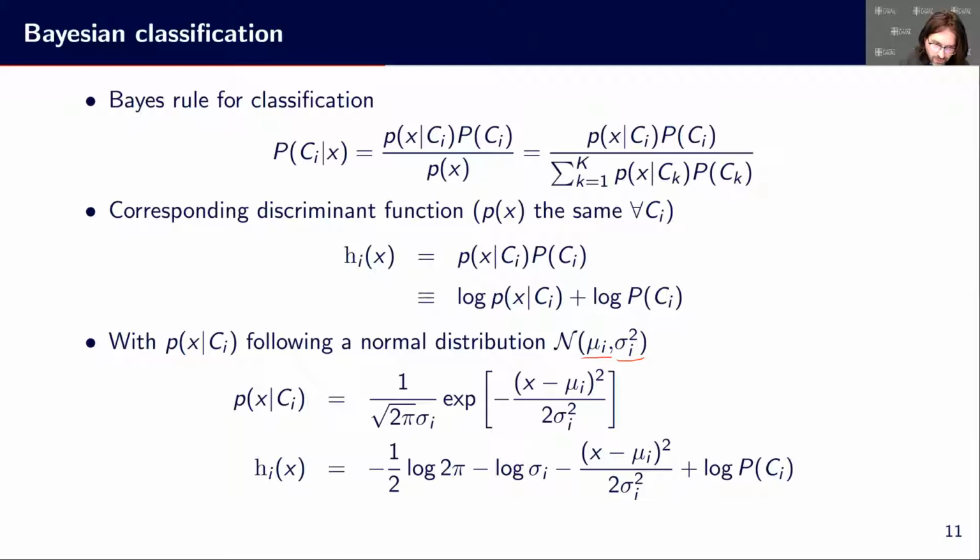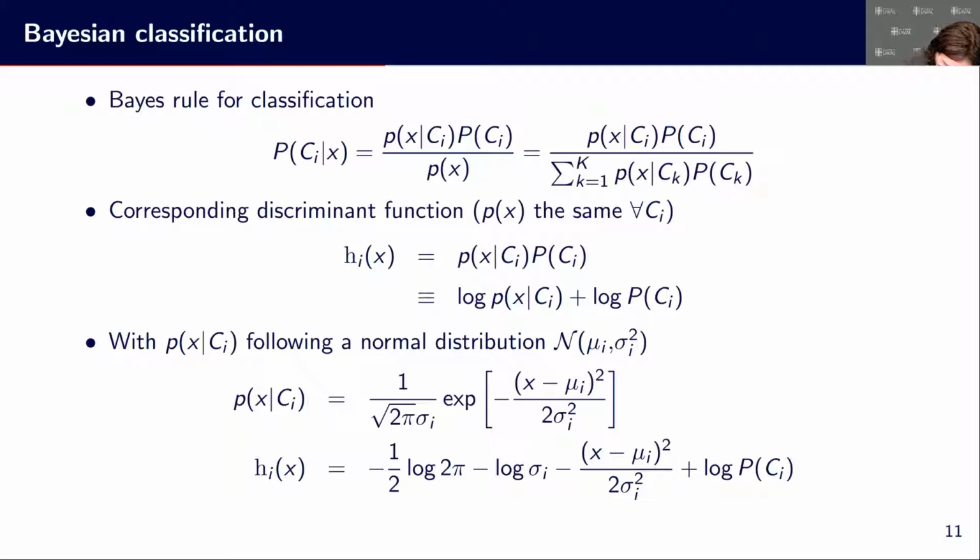The likelihood p(x given Ci) is the basic normal distribution formulation that we all know well, and given that we are using this in a log, we simplify the equation like this.